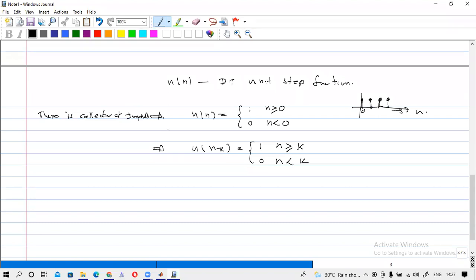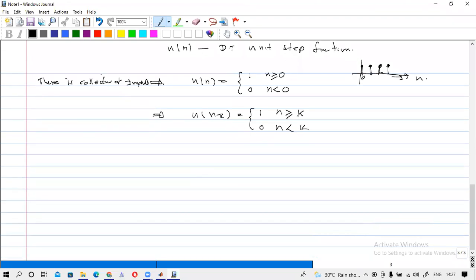If I get the shifted unit impulse function, okay, another name for the unit impulse function is the delta function.